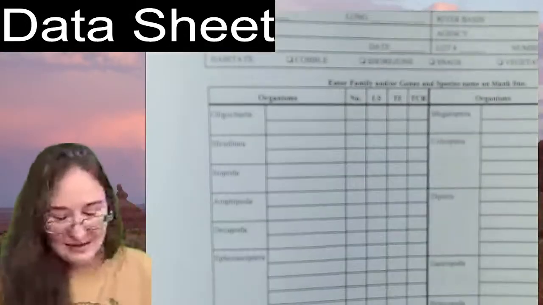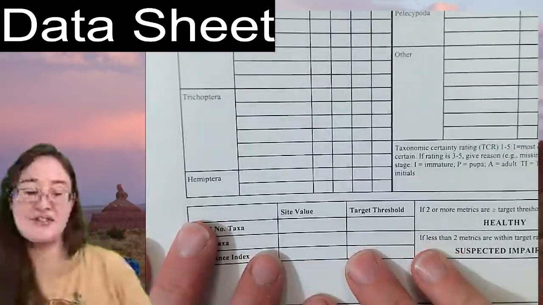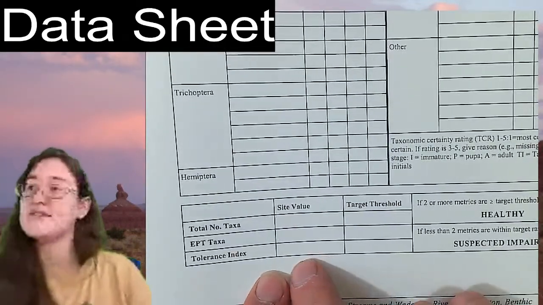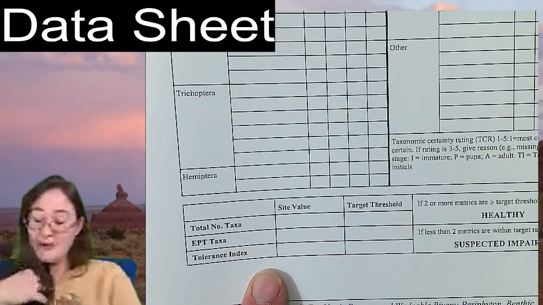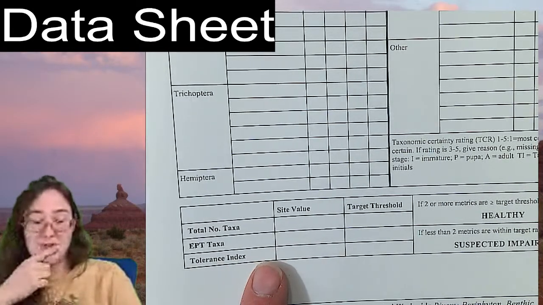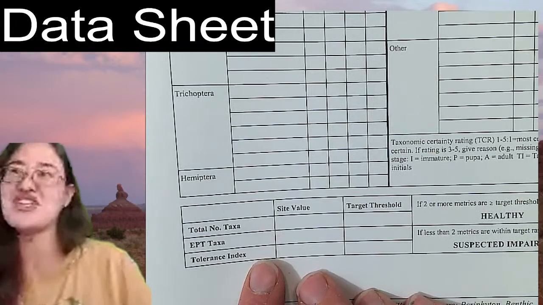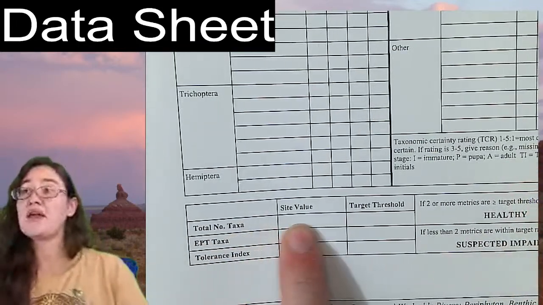All right. And then on the very bottom of our sheet, this data sheet gives us this series of indices. We can talk about a variety of other ones, but these are what this data sheet wants to record. So you've got total number of taxa, right?